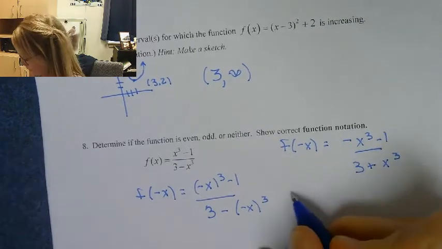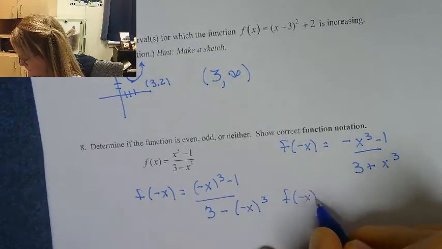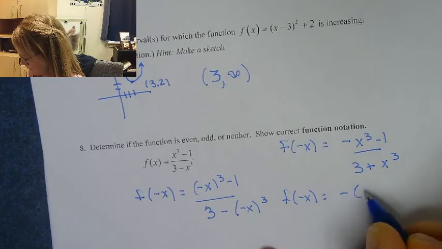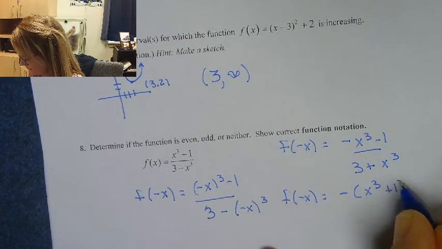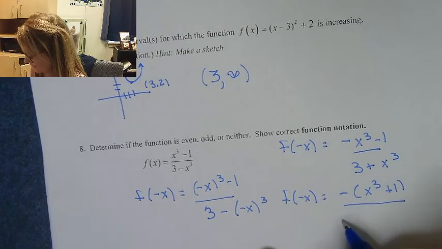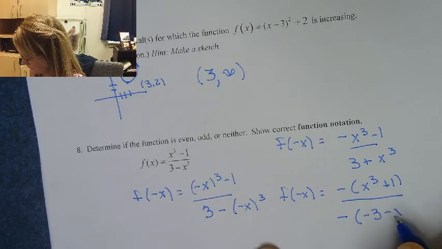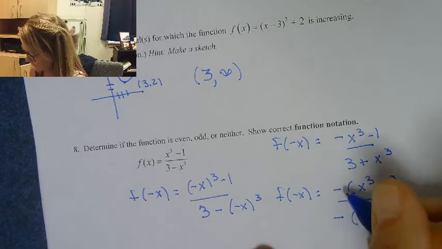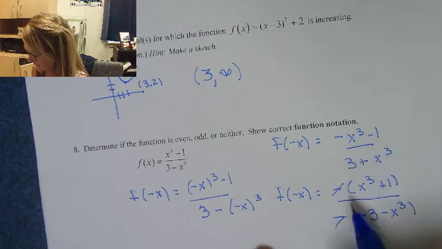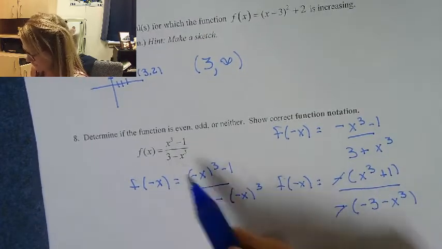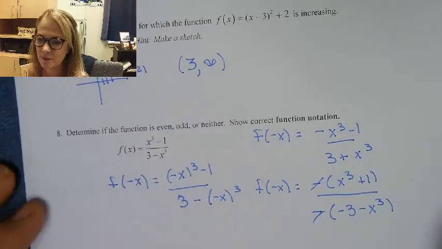If I factored out a negative just to take a look, if I got a negative out of the top, I'd get x cubed plus 1, and if I brought a negative out of the bottom, I would get negative 3 minus x cubed, and if those would cancel, this is still not a pure opposite or the exact same thing. You got nothing going on here.